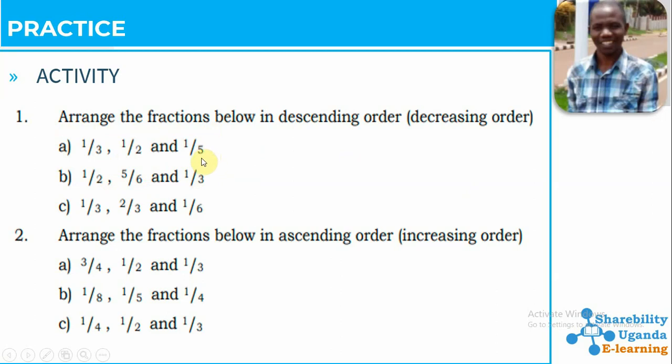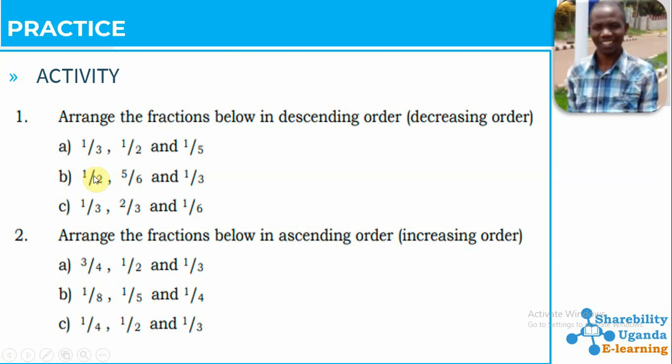You can see here we have a couple of them. Our part A is 1 out of 3, with 1 out of 2 here, also with 1 out of 5.